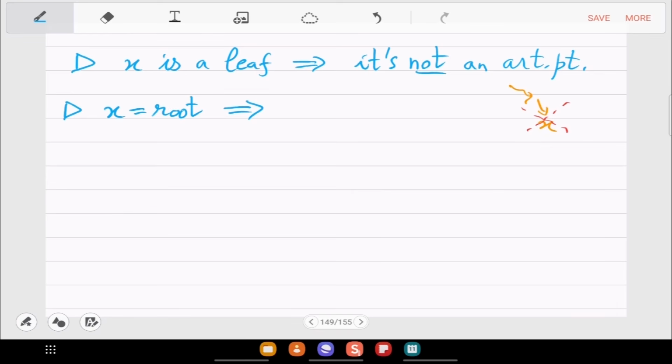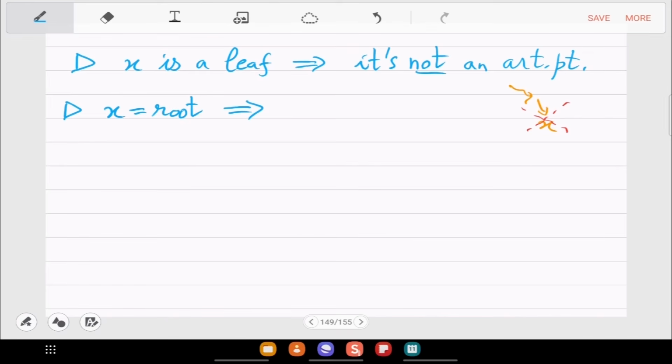So you have to look at how many children it has. So if there are two children, Y and Y prime, then obviously they will get disconnected. Because everything else that I have drawn in the diagram is hypothetical. So you can come from Y to its subtree, but then you cannot go back to an ancestor of X because there is no ancestor. So when you delete X, Y and Y prime are disconnected.